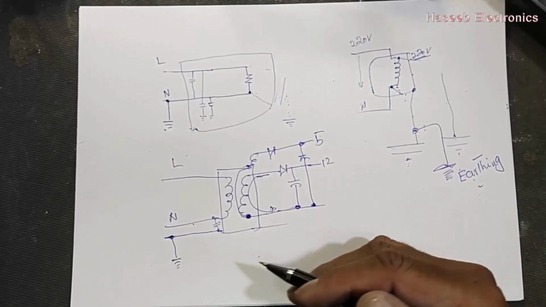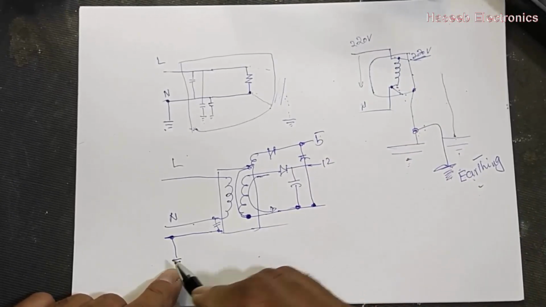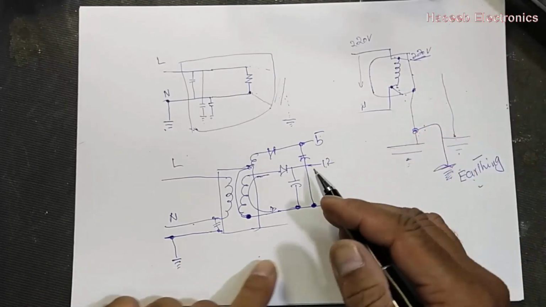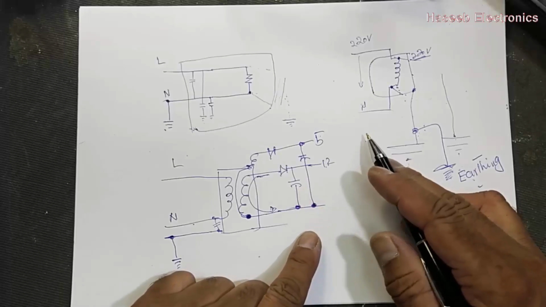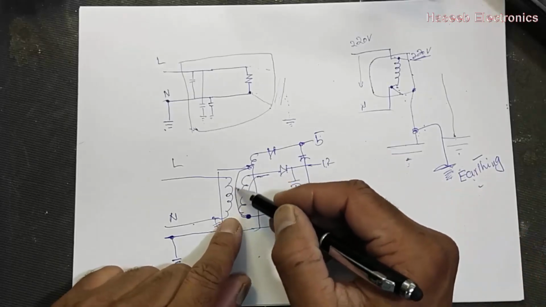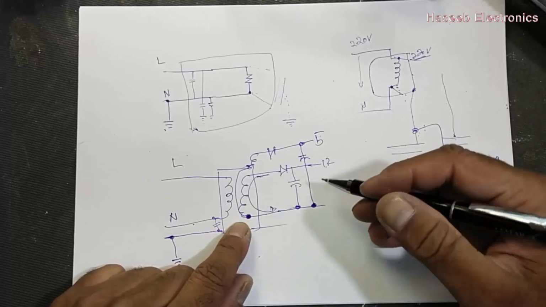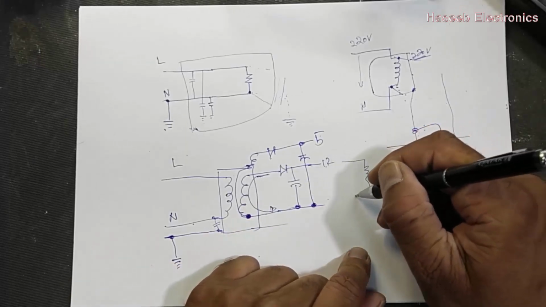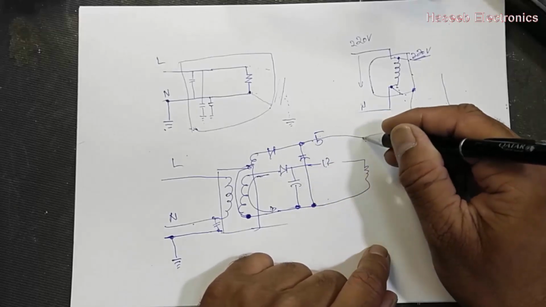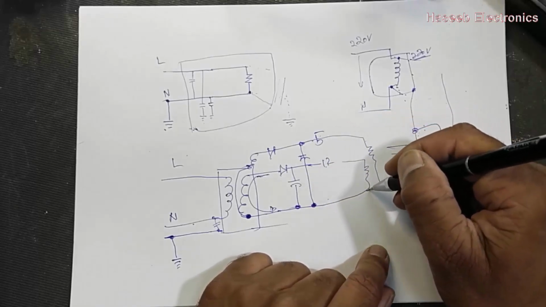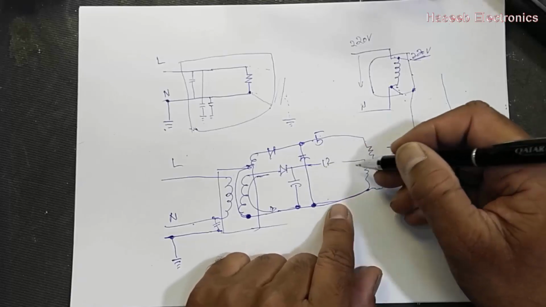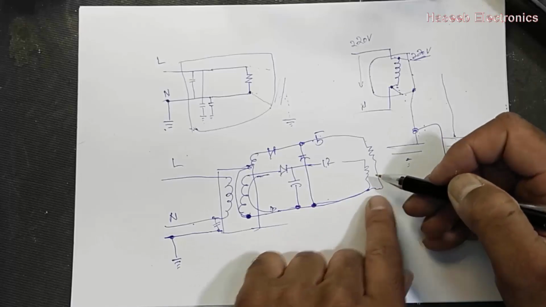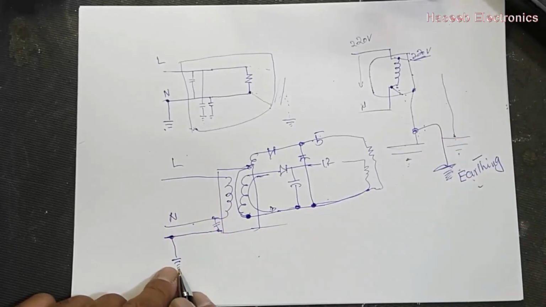So if we measure voltage between this neutral and this 12 volt, now it has very high resistance. Why? We have isolation. So these voltages have their own path. After driving the load, all the circuits will come to their reference point. Its reference point is this one, and this circuit has its reference point here.